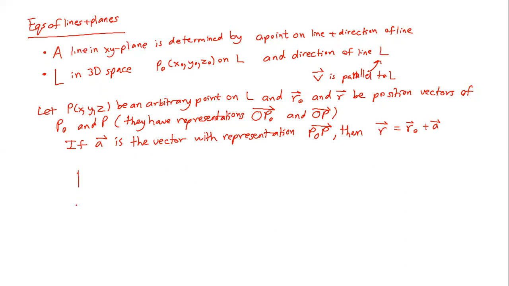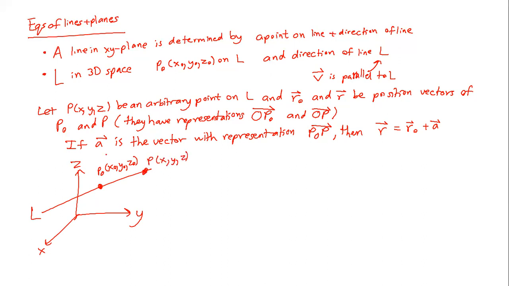So let's look at a figure really quick so that everyone feels clear on this notation where it's coming from. So here we have X, Y, Z, we have some line L in 3D space. We have some point here on the line, and this is point P0, and its coordinates are x0, y0, z0. We also have another point up here on the line. This is point P, and it's x, y, and z. And so we could draw, like they say, the representations OP0 and OP.